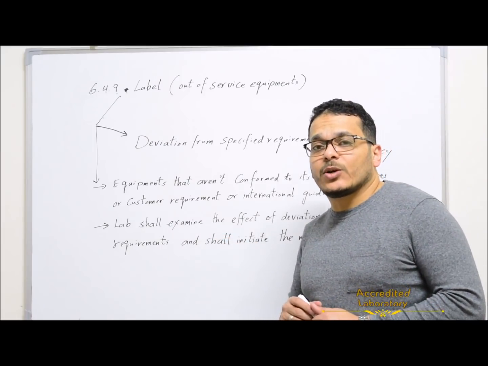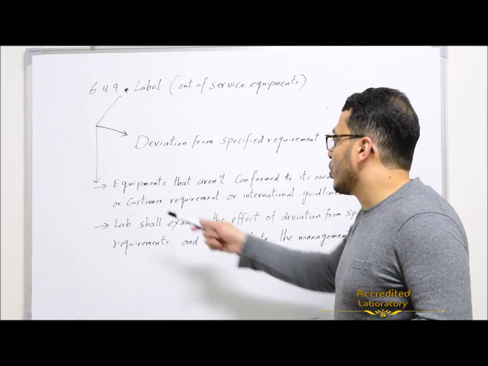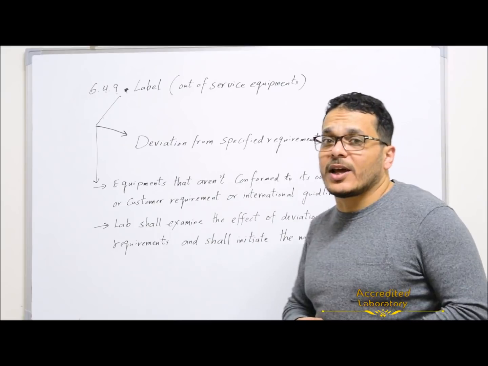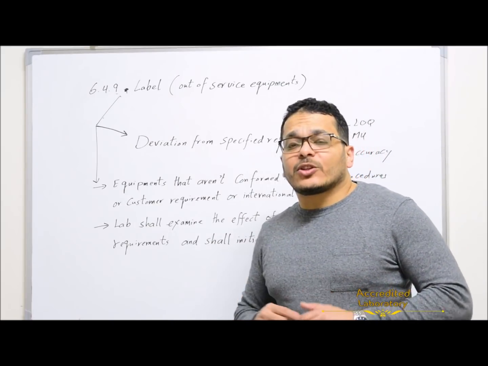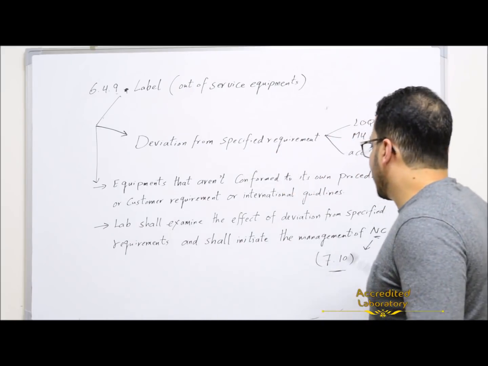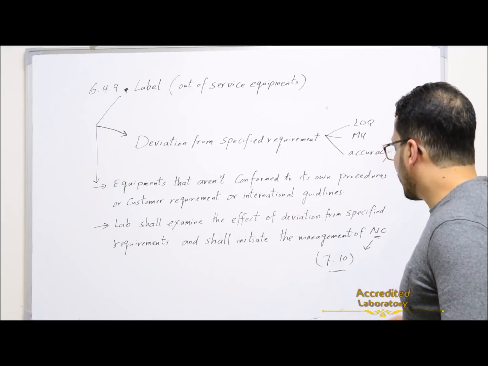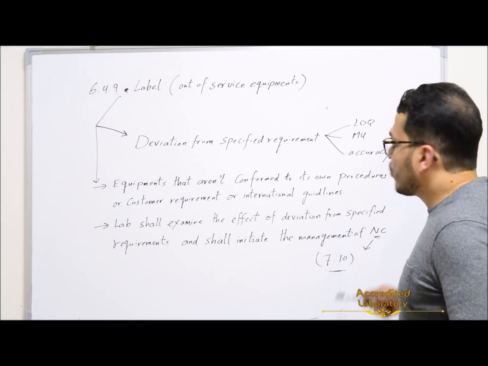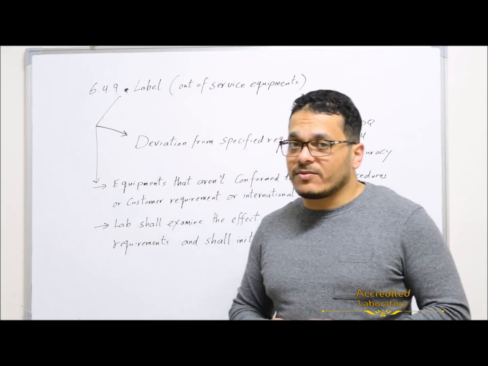If this equipment is non-conforming to the specified requirement or customer requirement or international guidelines or the method itself, it will affect the validity of results, and the lab shall initiate the management of non-conformity work procedures, and that will be explained in detail in the process requirements in clause 7.10.